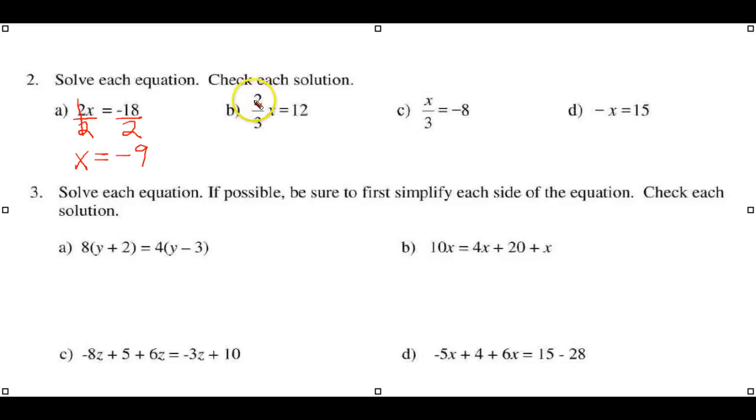Well, from the previous chapter, we know if we multiply something by its reciprocal, we do both sides, then this all cancels out, and this just becomes a 1x here. And we can do some cross-canceling. And that's our answer.